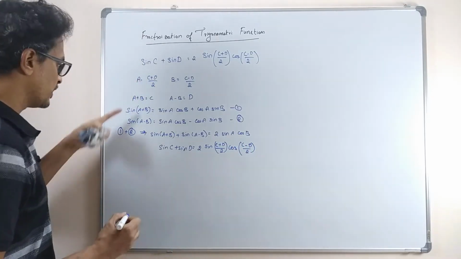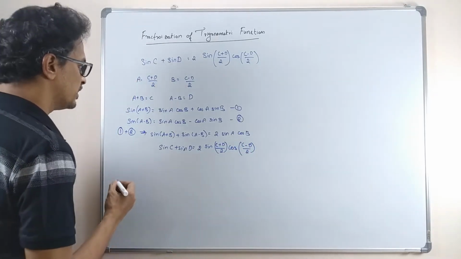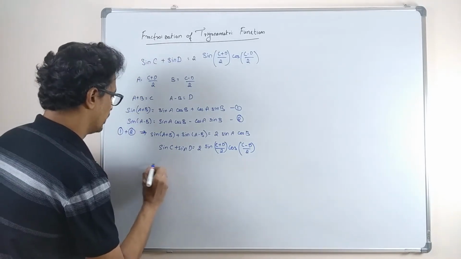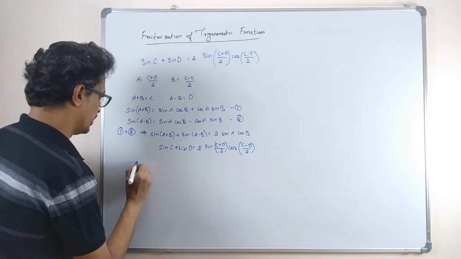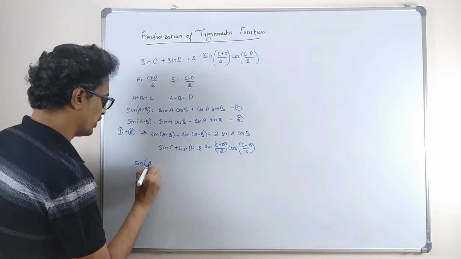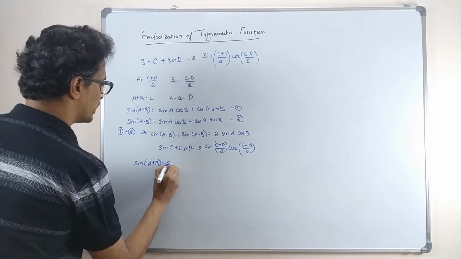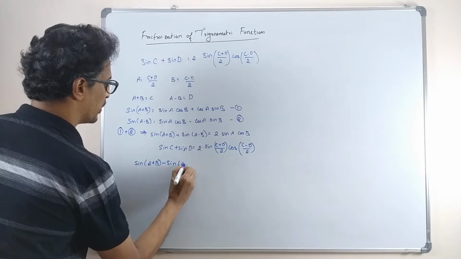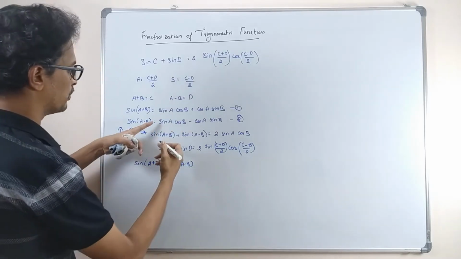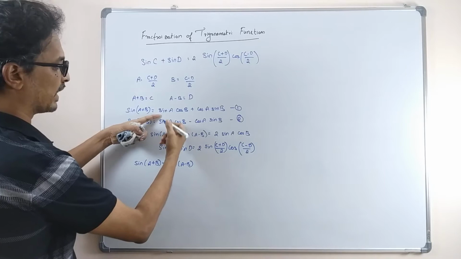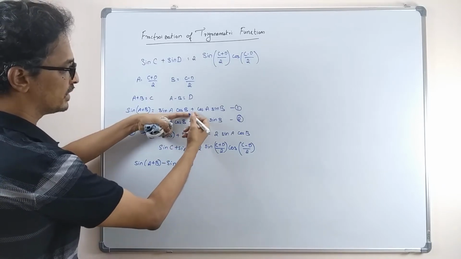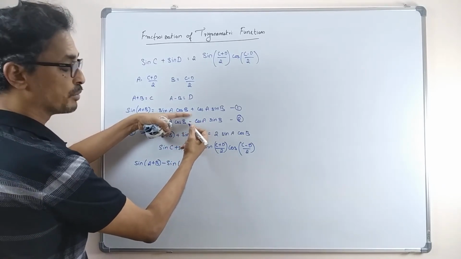Okay, if I subtract them both, what happens? Sine A plus B minus sine A minus B will be equal to, when I subtract them both, these will cancel. Correct? So this minus of minus this becomes plus.